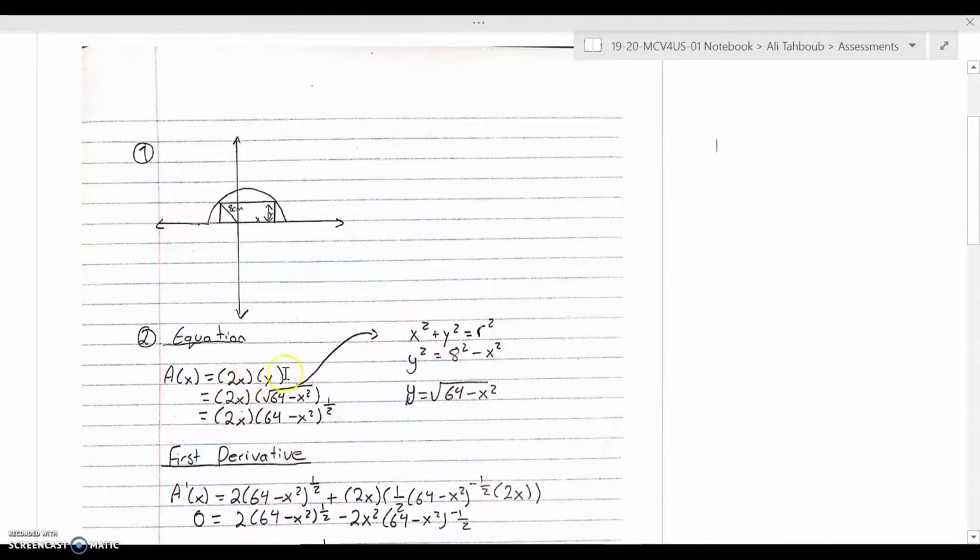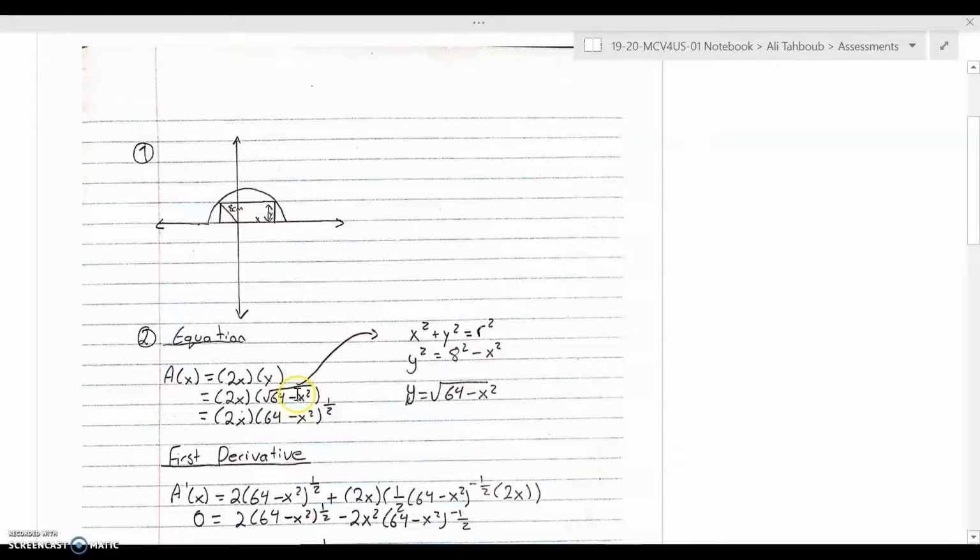And then after that, we basically want to solve for x and y, but because there are two different variables on one side, we can't actually solve it. So we need to take one of the unknowns and represent it in terms of the other unknown. In this case, I represented y as the square root of 64 minus x squared.